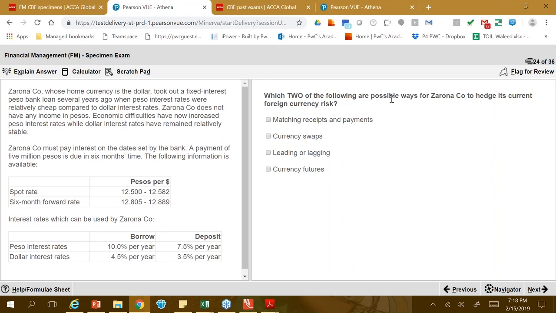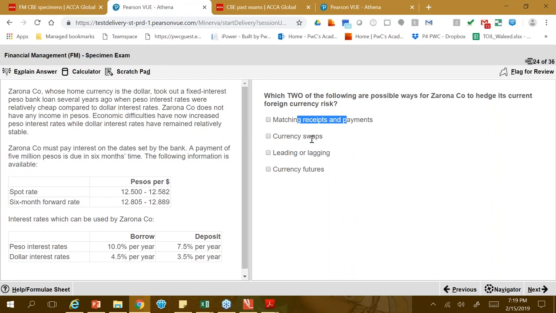Can they do matching receipts and payments? Do they have any income from pesos in the scenario? Well, there was no income in the scenario, so we can't use this. Can we use currency swaps?